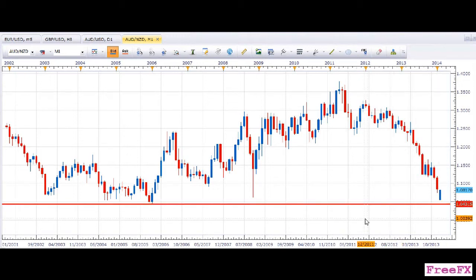As you can see from here, it says 1.0431. Okay, current price 1.0817. So we are a long way from the very bottom of the range.